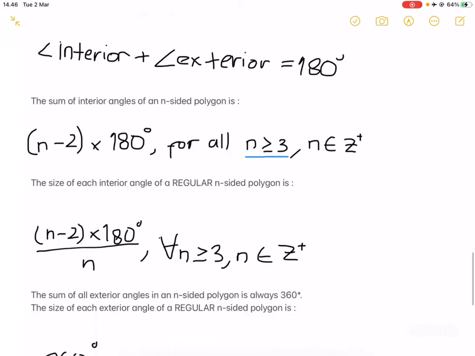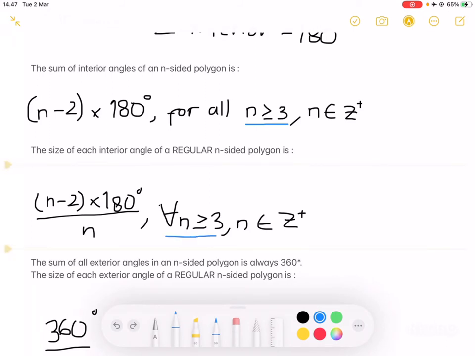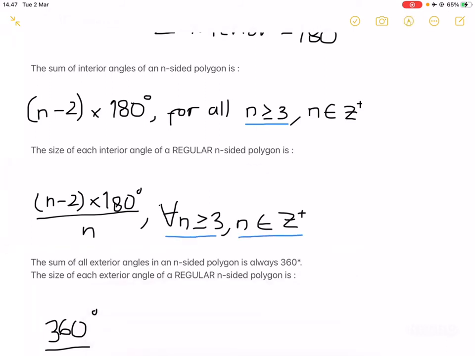It is given with this formula: the size of each interior angle is equal to n minus 2 times 180 degrees over n, which is just the sum of the interior angles over the number of sides, or the number of angles the polygon has. And like the rule above, it must satisfy these conditions right there.